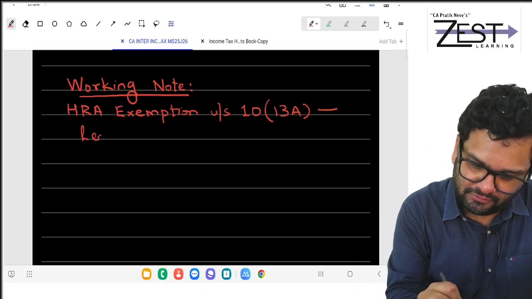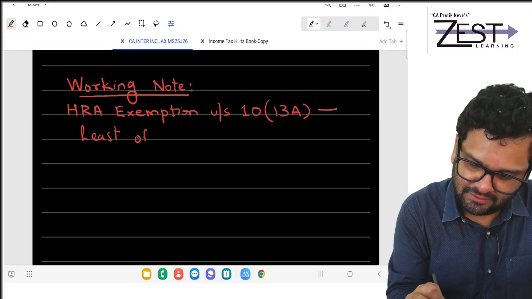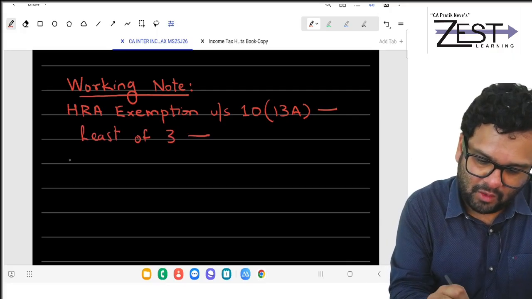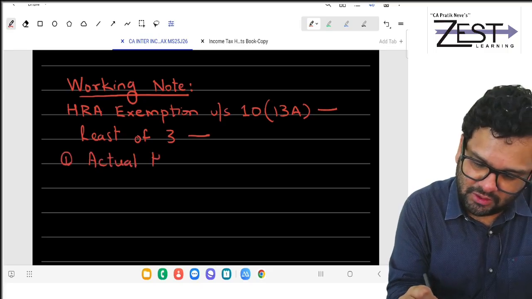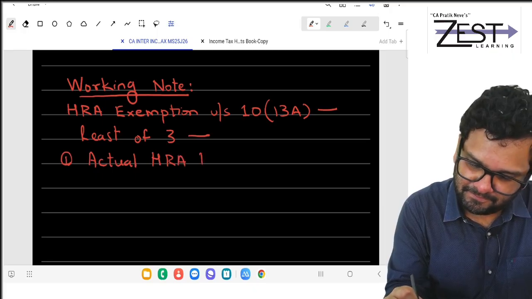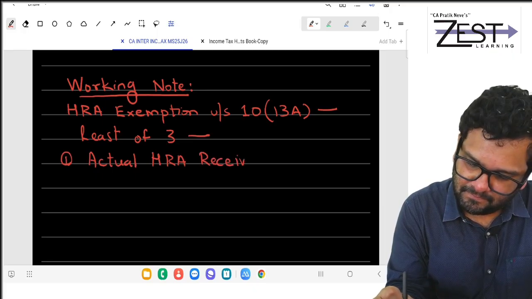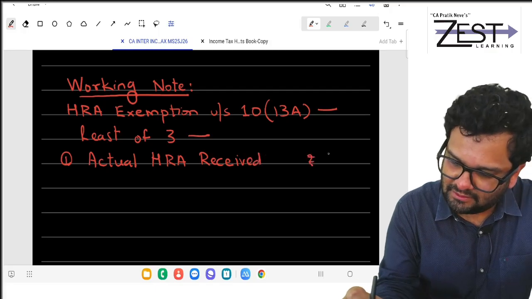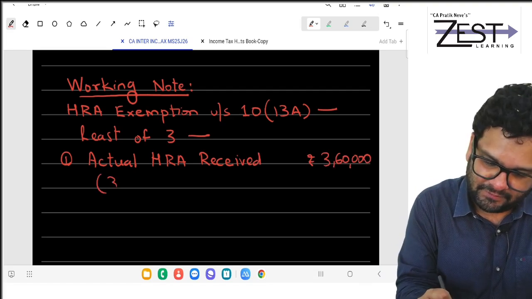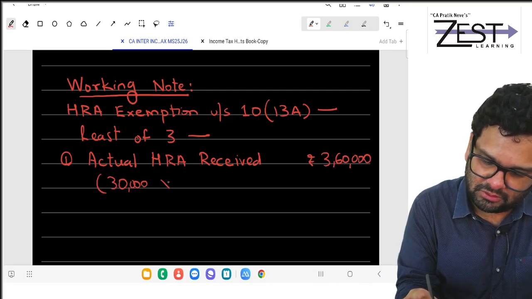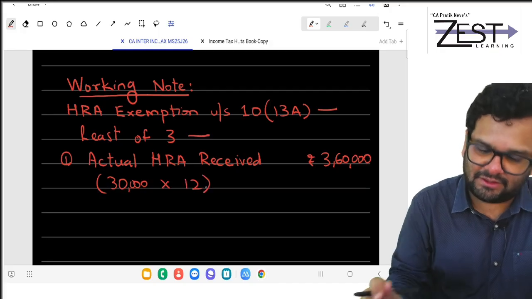List of 3. 1. Actual HRA received. What is actual HRA received? So 3,60,000 in total. Correct. 30,000 into 12. Agreed.